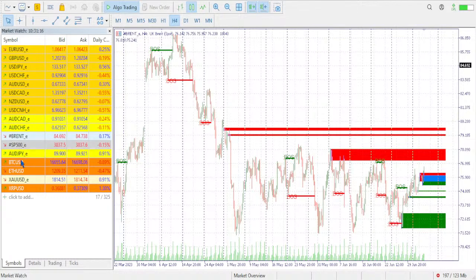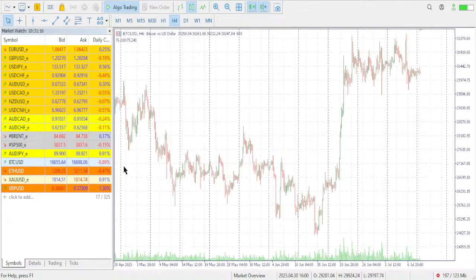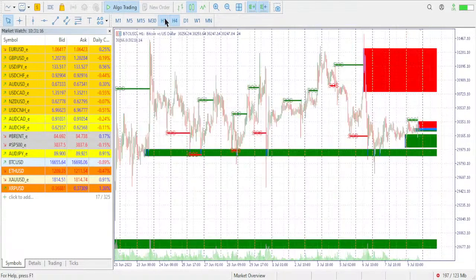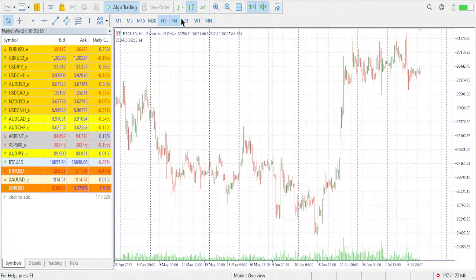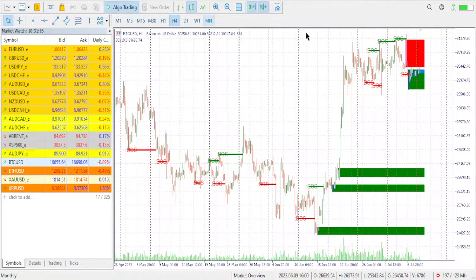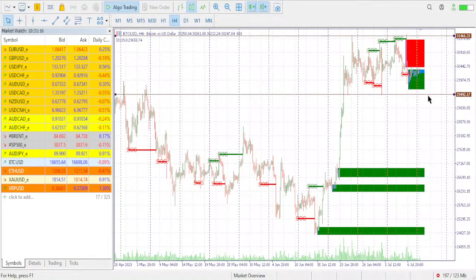We will move forward to Bitcoin. With Bitcoin so far, nothing much appears to be happening. The price has been in a range for almost 2 weeks now. This is the lowest low, and this is the highest high. So technically speaking, if the price descends below 29,492.17, that will be a good sign that we're now continuing to the lower side.